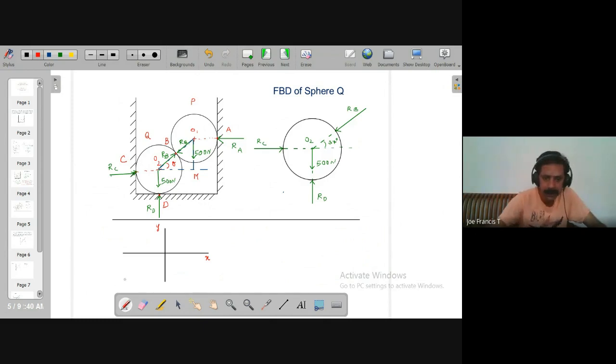Now the various forces acting. You have 500 Newton acting downward. So this point is O2. I'll mark all these points at the end. You have RC in this direction.